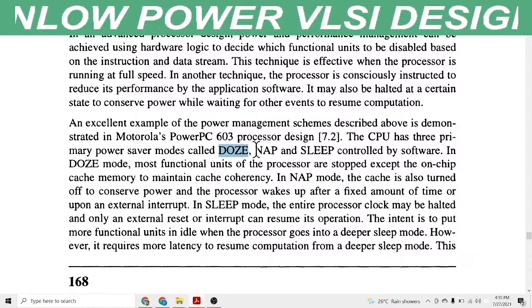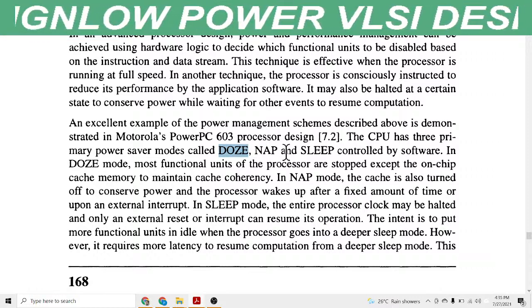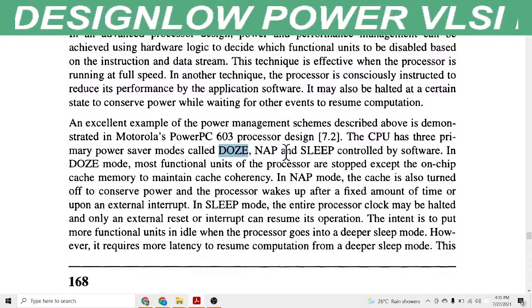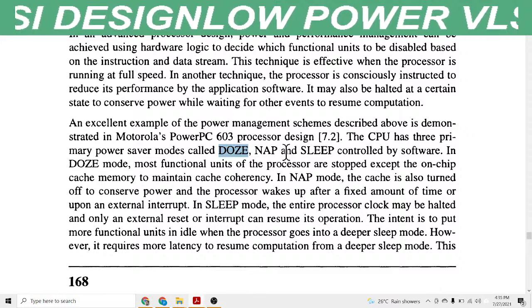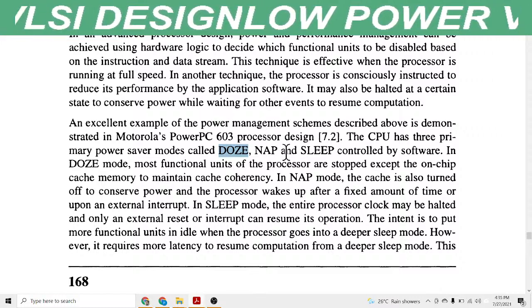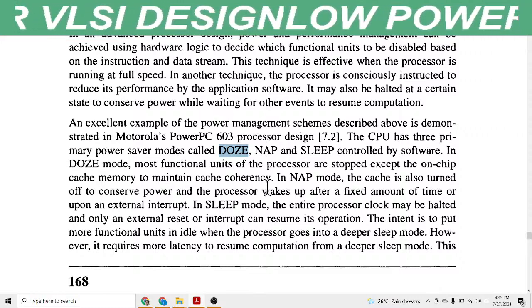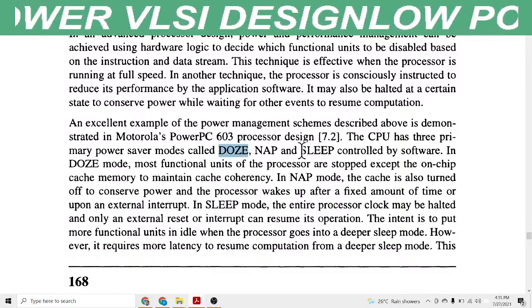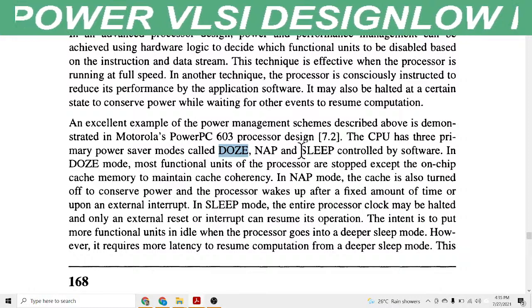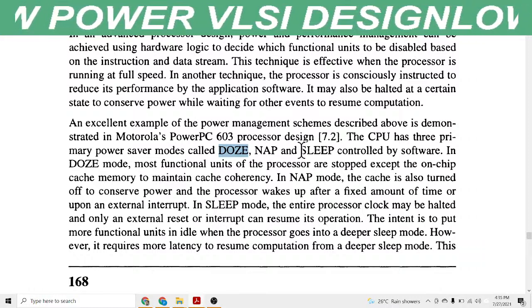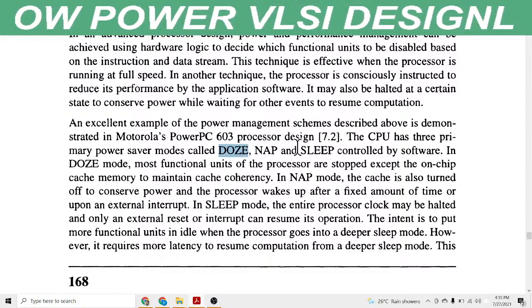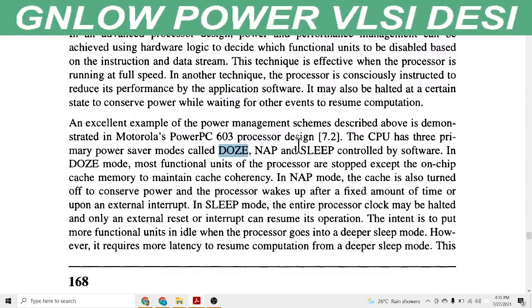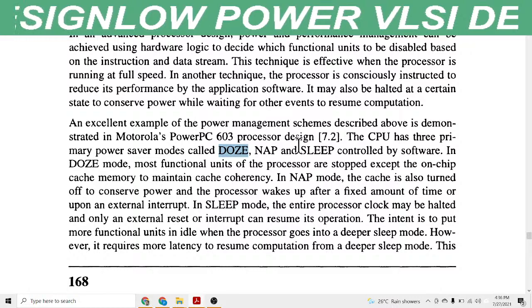In nap mode, the functional units as well as the cache memory unit, both are in stop condition, and if these are stopped, the power will be low. And the last mode is the sleep mode. In sleep mode, the entire processor clock may be halted, and only an interrupt signal is required to activate the processor again.